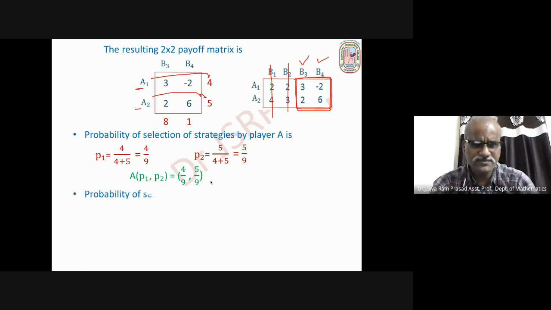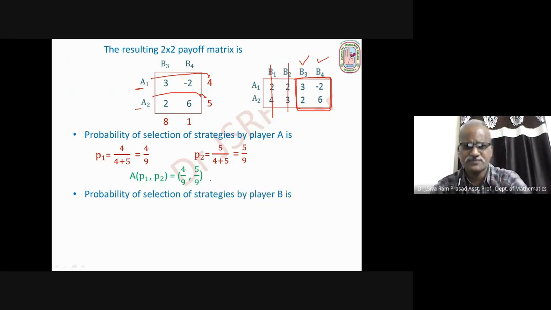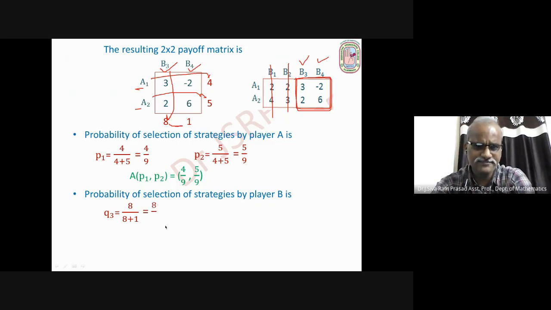Next, for player B, the probabilities of selection of strategies: player B has only two options, the third strategy and the fourth strategy. Q3 equals the opposite value, 8 by the sum of these two values, 8 plus 1, so 8 by 9.